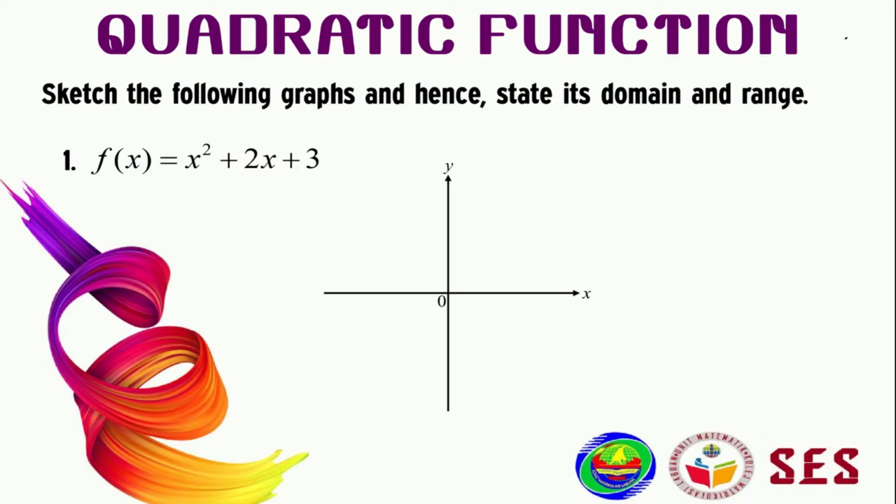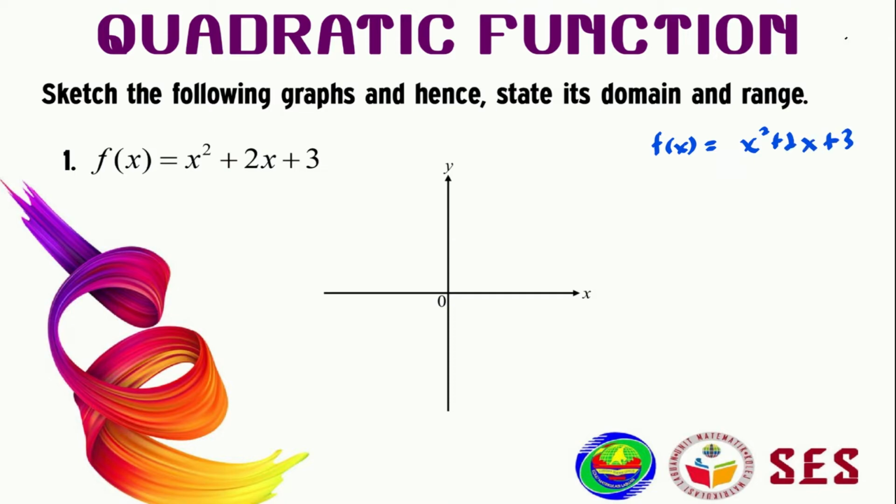To save time in this chapter 4, we will not go through the completing the square process, as we assume that you already have it under your belt. So for this question, we have f(x) equals x squared plus 2x plus 3.